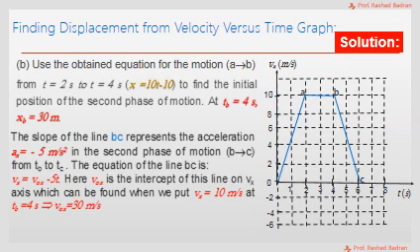Now the equation of the line can be written as Vx equal V0x minus 5t, where minus 5 represents the slope, which is the acceleration, and V0x represents the velocity intercept in this case.